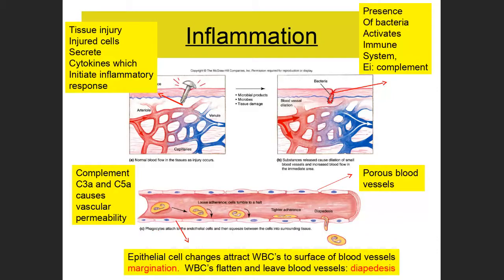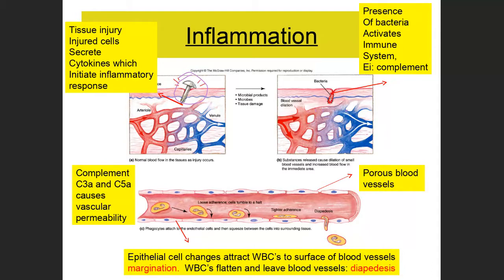So here's an inflammatory event. You have some type of injury on the skin that's going to cause C5a and C3a to dilate blood vessels and make them permeable. And inside blood vessels, a couple of things are going to happen. Remember that blood vessels, capillaries, are made of endothelial cells.